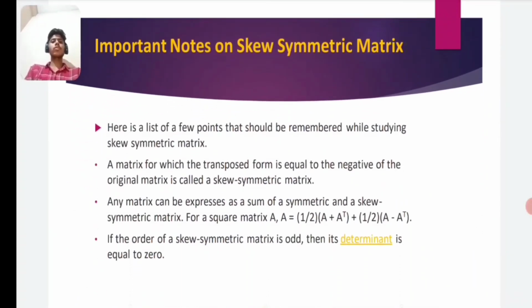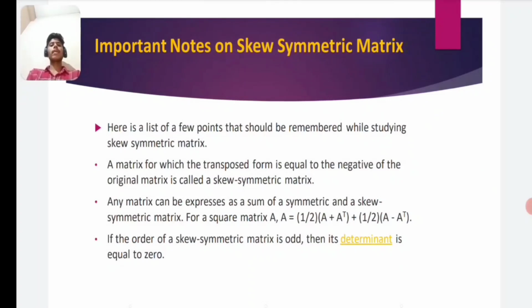Important notes on skew symmetric matrix. Here is a list of a few important points that should be remembered while studying skew symmetric matrix. A matrix for which the transpose is equal to the negative of the original matrix is called a skew symmetric matrix. Any matrix can be expressed as a sum of a symmetric and a skew symmetric matrix.